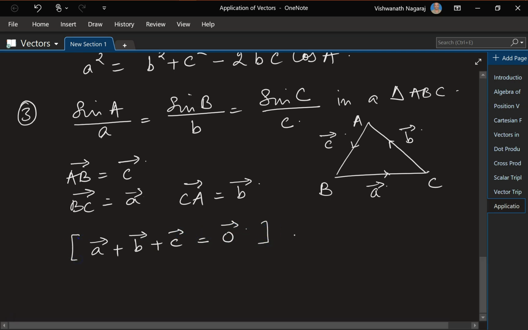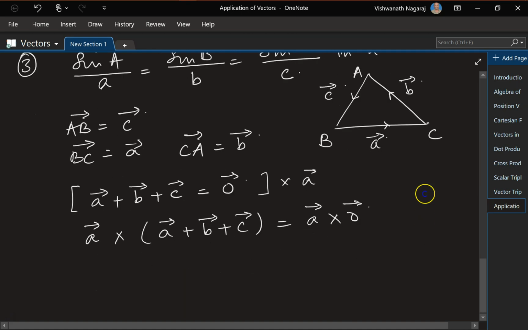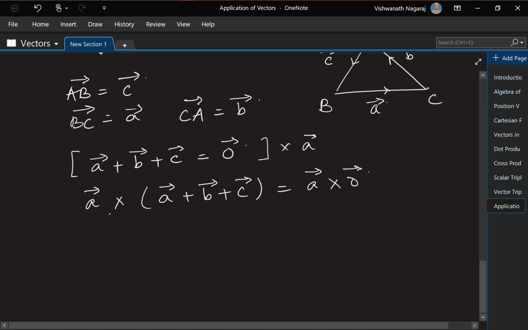We do a cross product with A on both sides. A cross product with the left hand side, cross product with 0 vector. Now A cross A is 0, so we don't have to write it. We are left with A cross B plus A cross C, and this becomes a 0 vector.